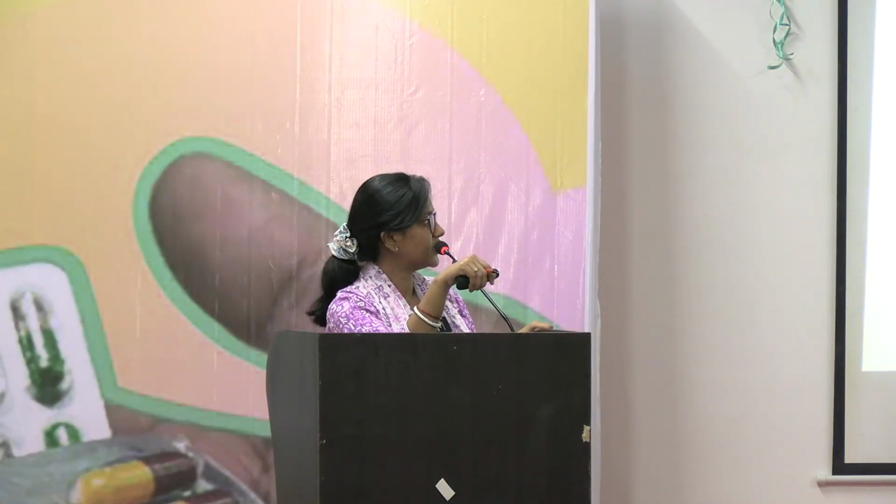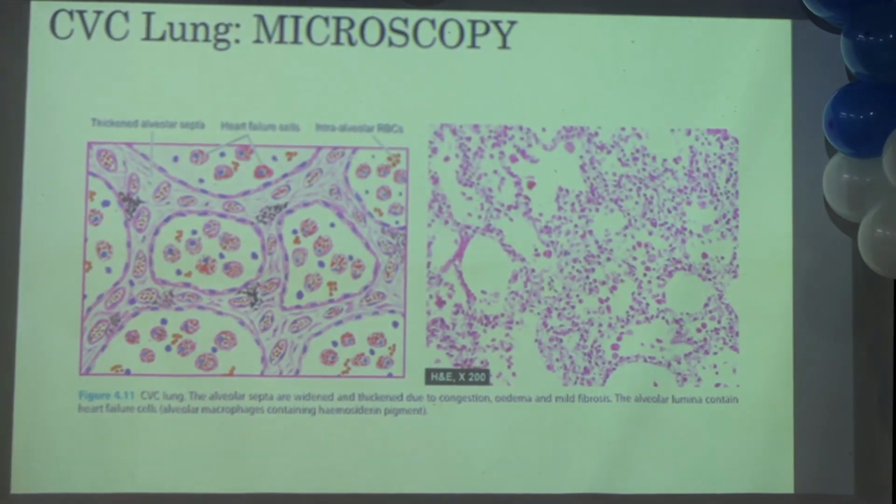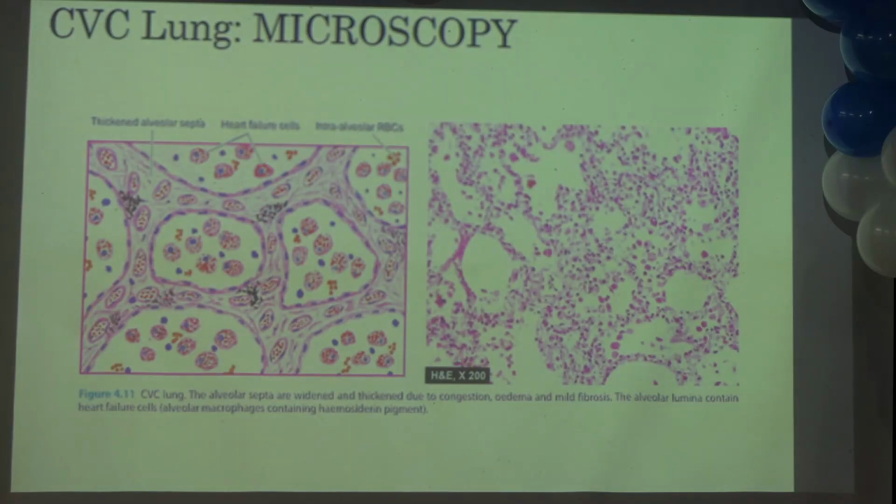These pigmented macrophages are often termed heart failure cells. Why so? In which condition do we see CVC lung? Which heart failure? Left-sided heart failure.